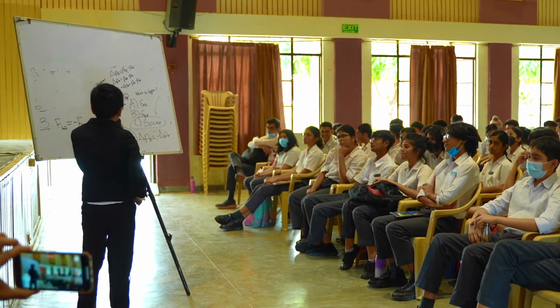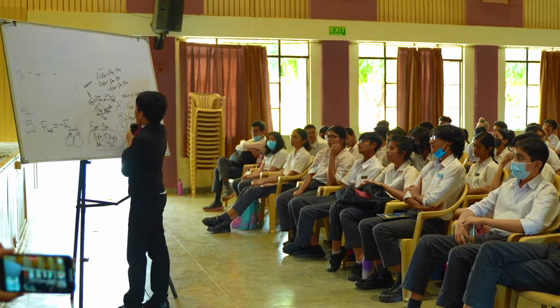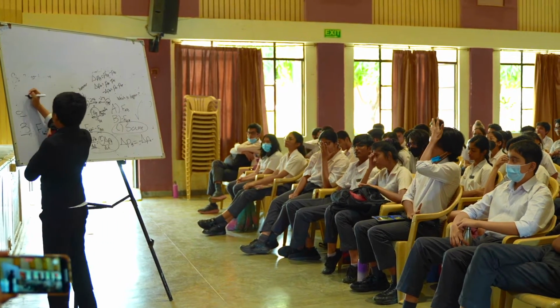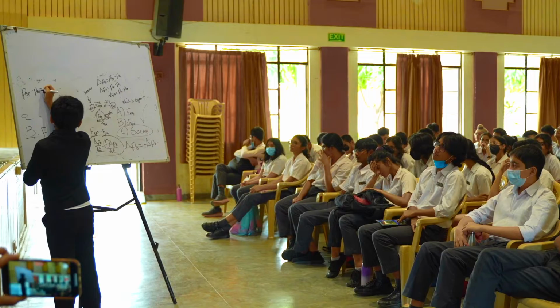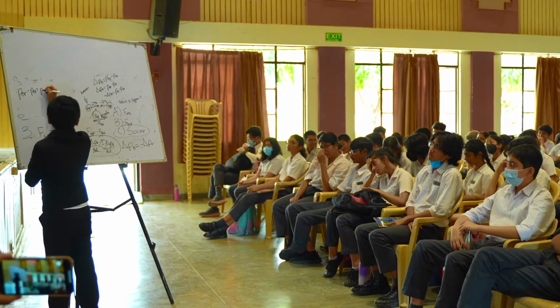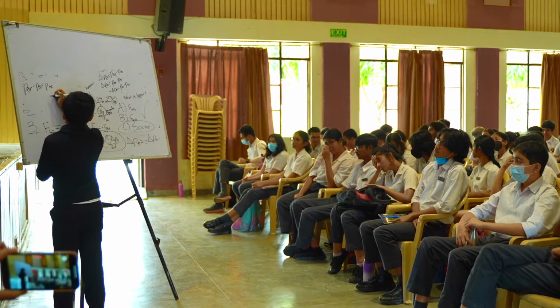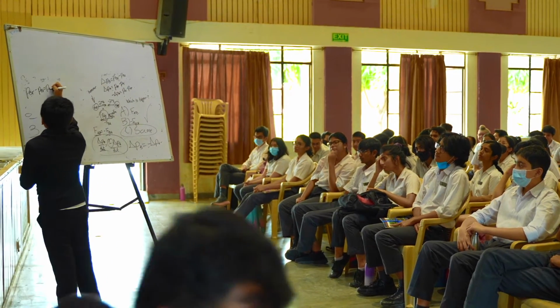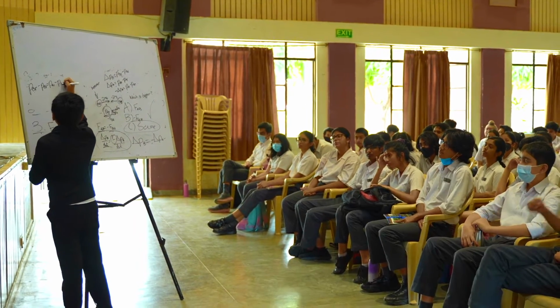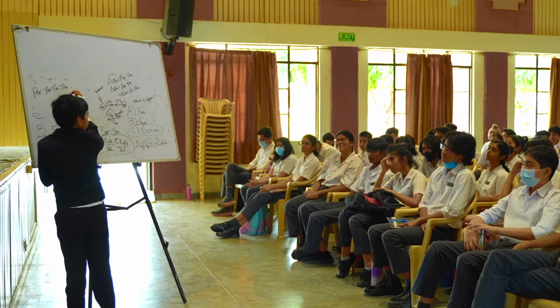Here we have delta P_B, P_BF minus P_BI, is equal to minus delta P_A, P_AF minus P_A, wait, no. I almost made the same mistake. P_AI minus P_AF. Don't feel bad if you make this mistake. I definitely made it many times in my practice.